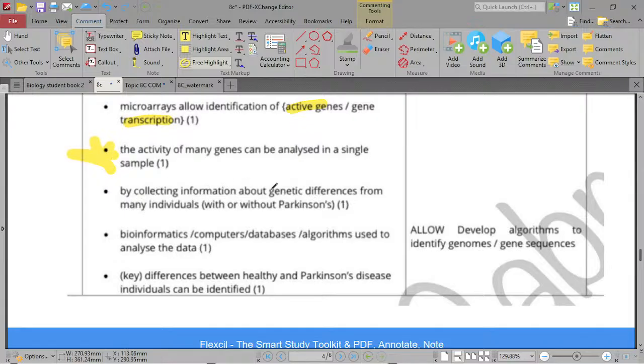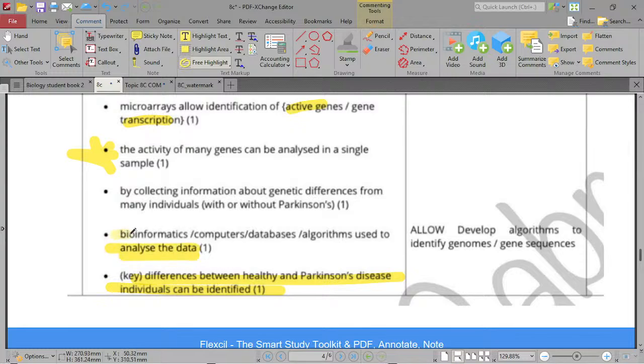By collecting information about genetic differences from many individuals, bioinformatics computers are used to analyze the data. Differences between healthy and affected individuals can be identified. Analyzing the data, because there's going to be, yeah, I remember this.